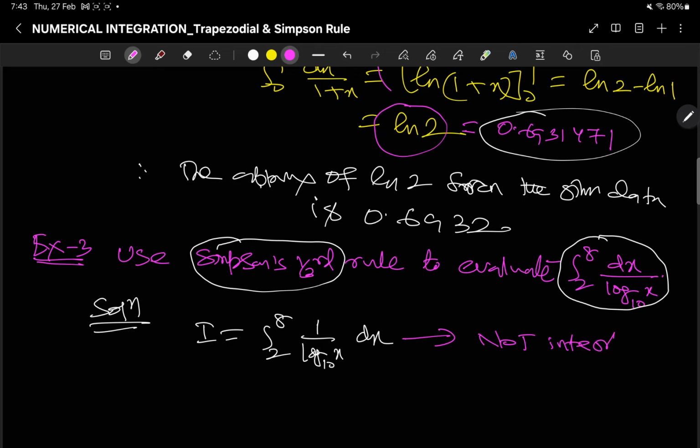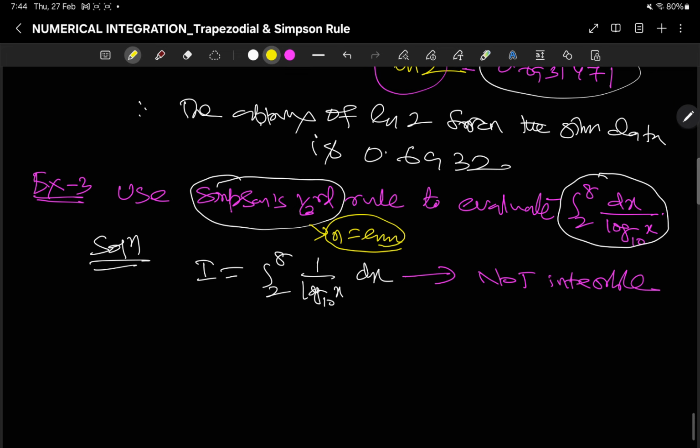So we use the numerical rule here. In Simpson's 1/3 rule, we need n to be even. So our hands are open, we may take n equal to 2, 4, 6, 8, 10, whatever it may be.